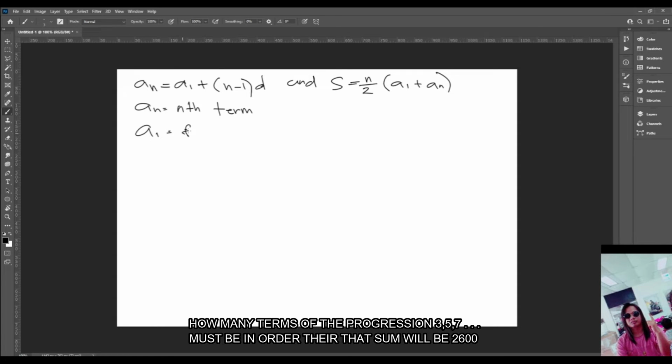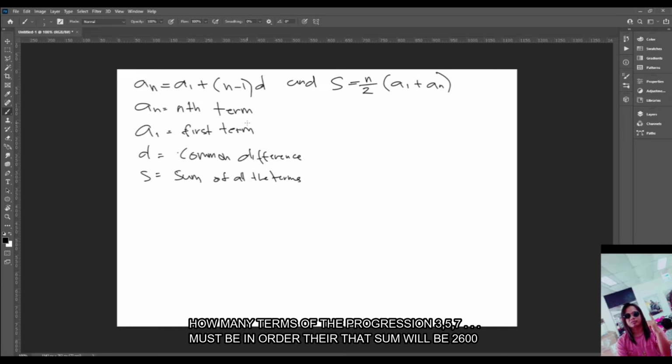Then d is the common difference. How you can get this, guys, we will talk about later, but most of the time you can eyeball this. And s is the sum of all the terms.